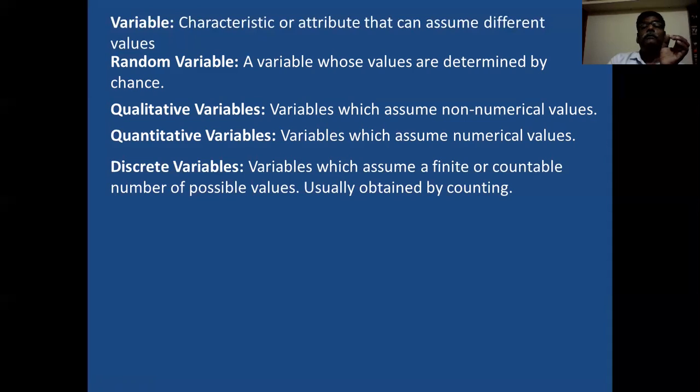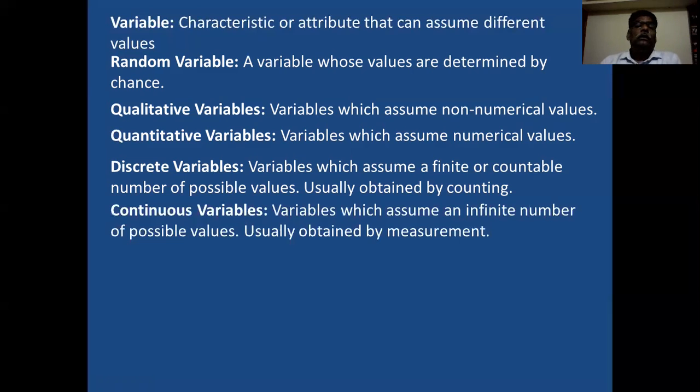Discrete variable. Okay. Then one more is there: continuous variable. What is a continuous variable? A continuous variable is a variable which assumes an indefinite number of possible values.